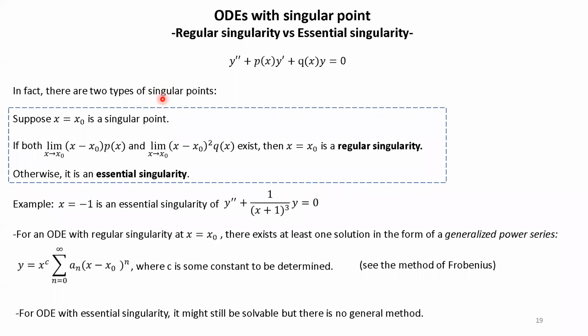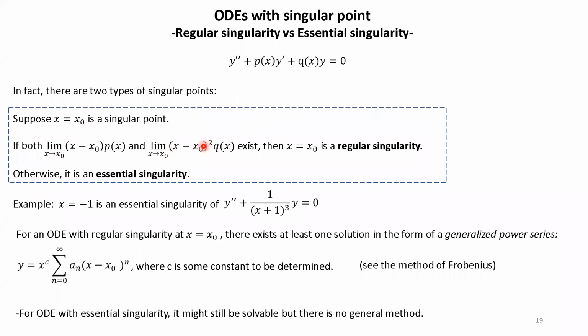Suppose I have a singular point. You take the limit of this p of x times this factor here, and then you also try another limit, which is q of x times x minus x0 squared.